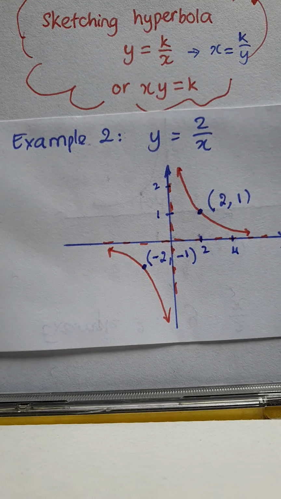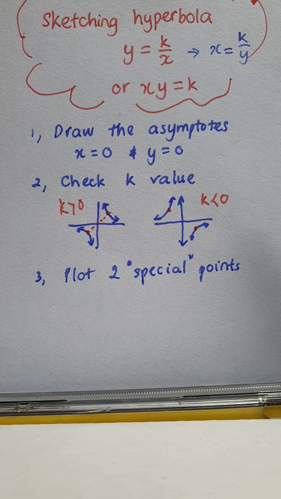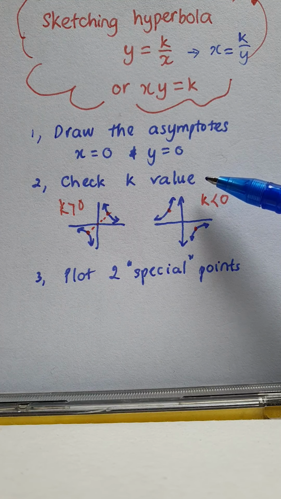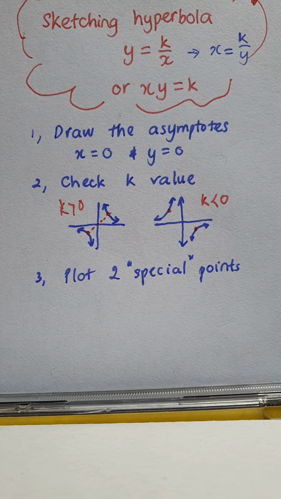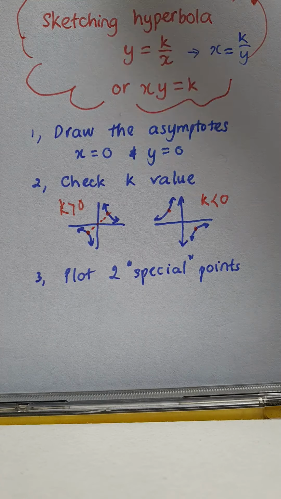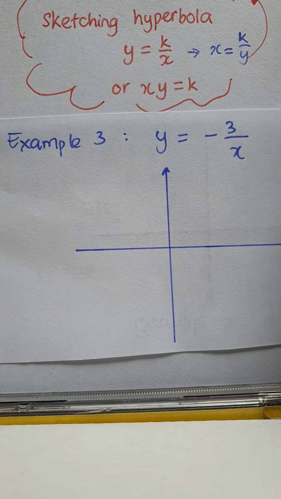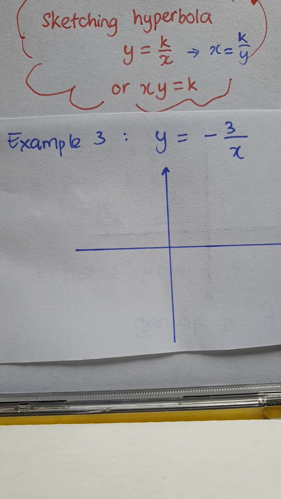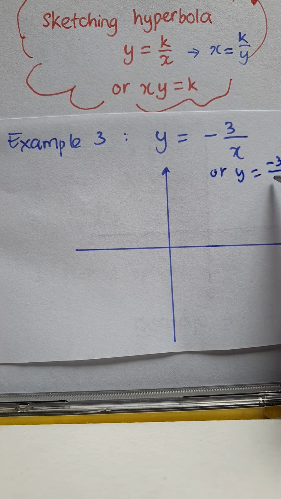Alright, let's go through one more example. Again, a reminder of those 3 steps: draw the asymptotes, check the k value to see if it's positive or negative, and clearly label the 2 special points. So last example, y equals negative 3 over x. It means you can treat it as negative 3 over x.